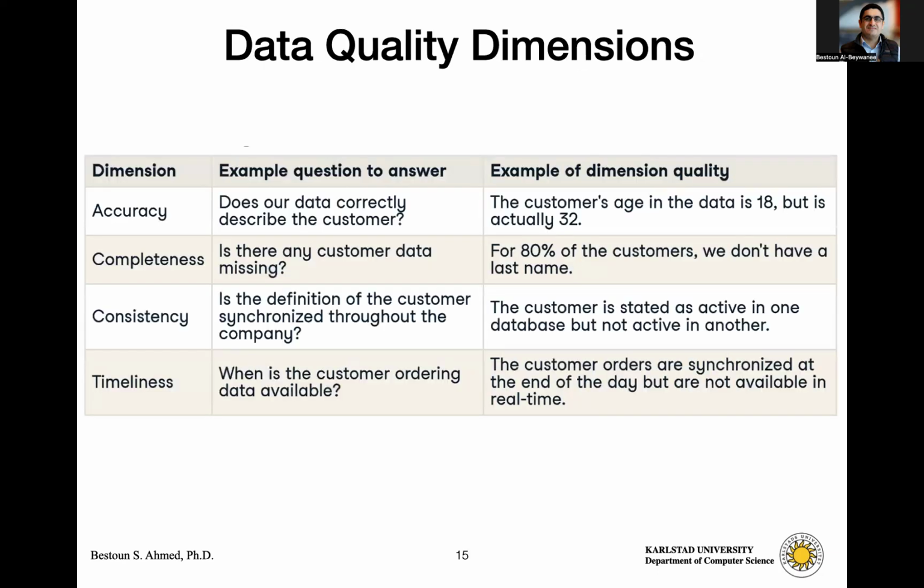Data quality dimensions, for example, if you remember also in module 2, we were talking a lot about these dimensions: accuracy, completeness, consistency, timeliness. These are some examples of the dimensions of quality that are available. For example, is our data correctly described to the customer or not? These are questions you have to answer.